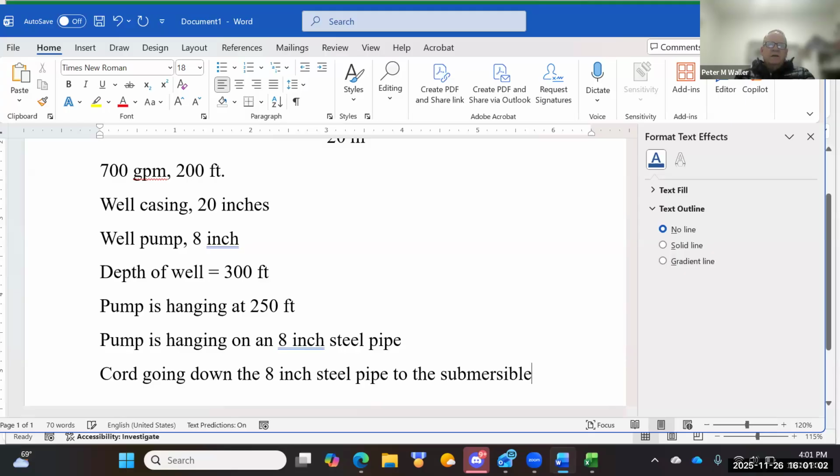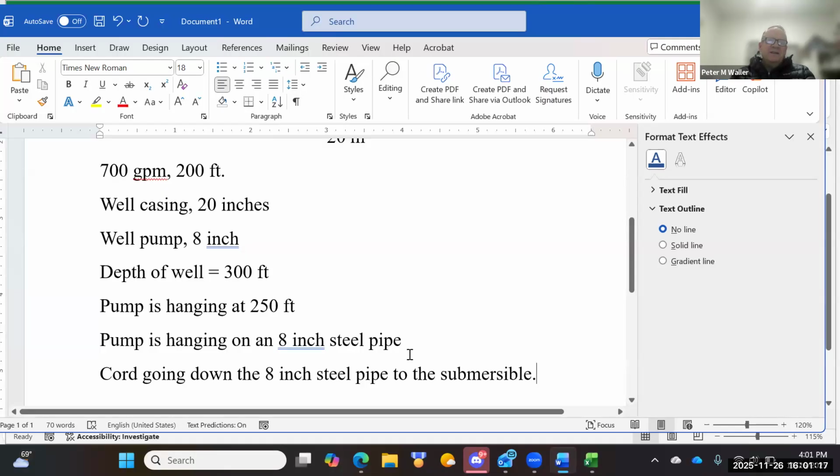So that's a well pump that's hanging on the pipe, and the motor is down in the well, and the electrical is bringing the power down to the pump, which is hanging on the 8-inch steel pipe.